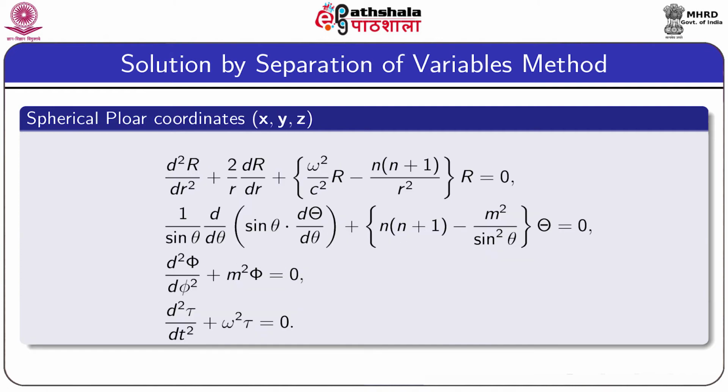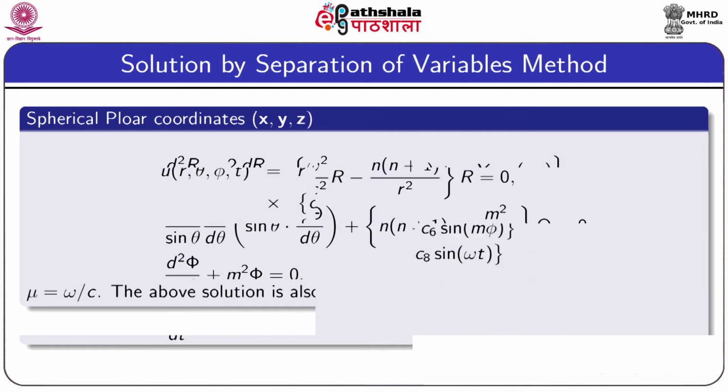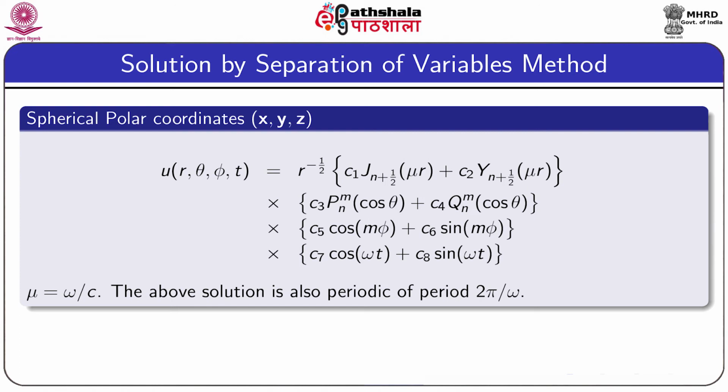If you give a transformation to the dependent variable in such a way that capital R equals r to the power minus half into capital S, it can be shown that capital S will satisfy the Bessel differential equation of order n plus half.